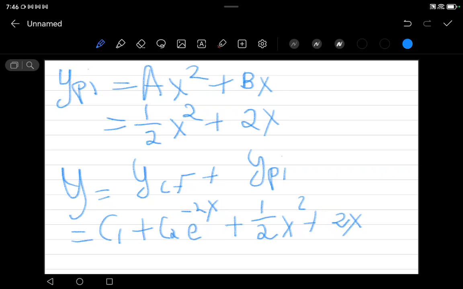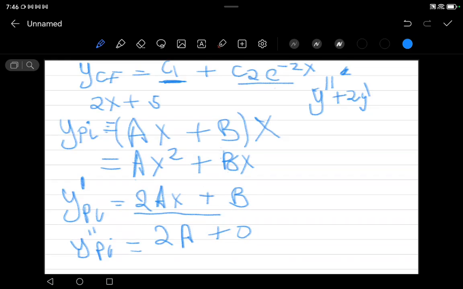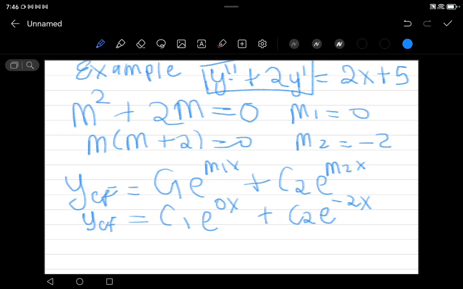So this is how we determine the solution of the second order differential equation. You'll be given an example like this, and they say determine the solution of each differential equation using the method of undetermined coefficients. Method of what? Undetermined coefficients.